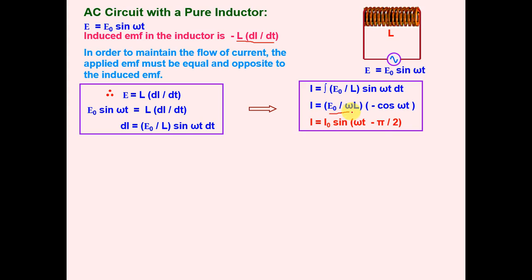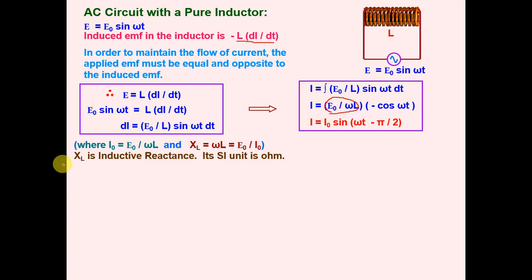I naught is this term, epsilon naught over omega L. And you see in the last expression, what we had written, I naught was epsilon naught over R. So R was the resistance of the resistor we were using. But now omega L is being used in place of resistance.